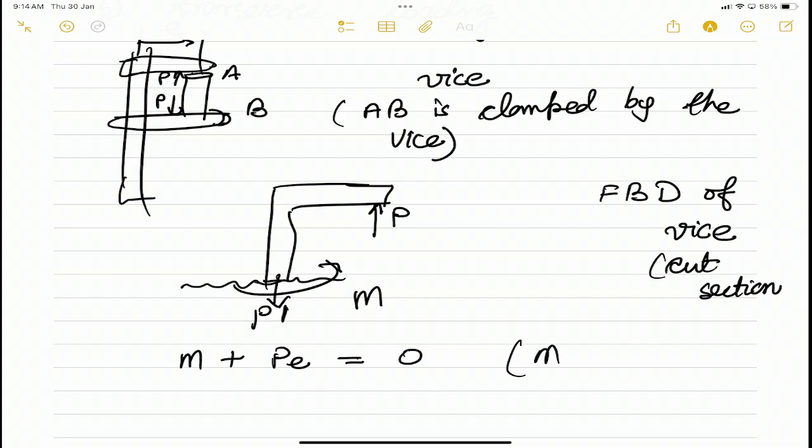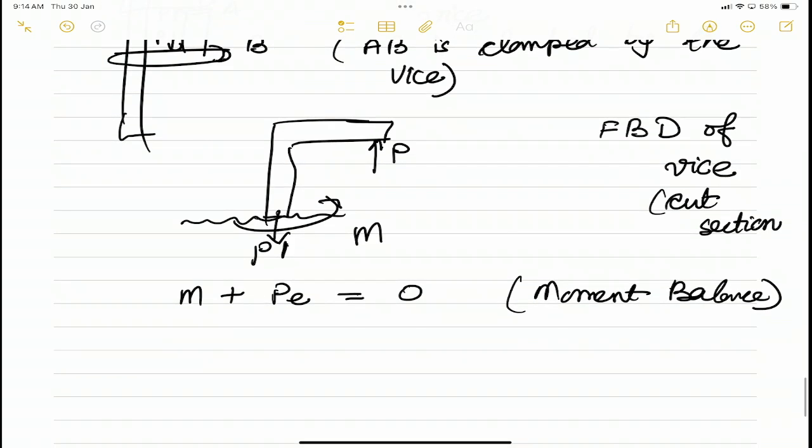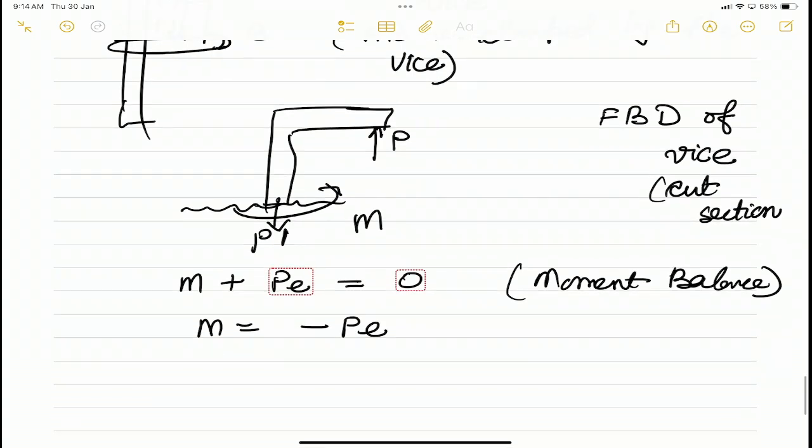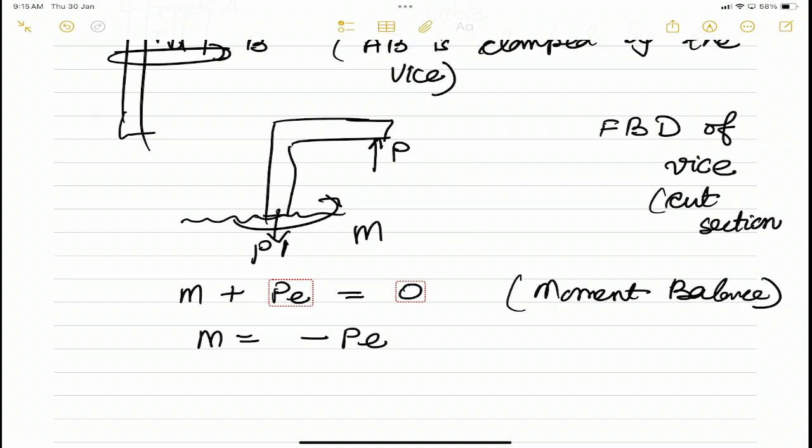This is moment balance. So M is equal to minus PE, that means M will be equal to PE in the opposite sense.